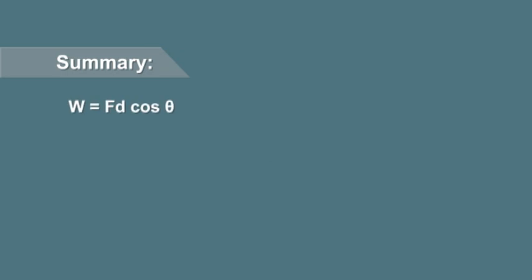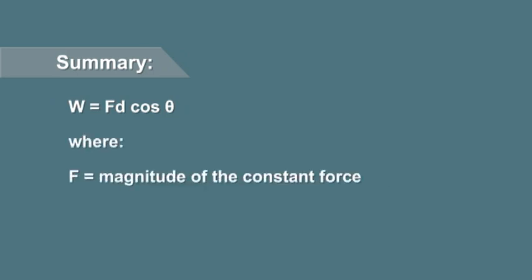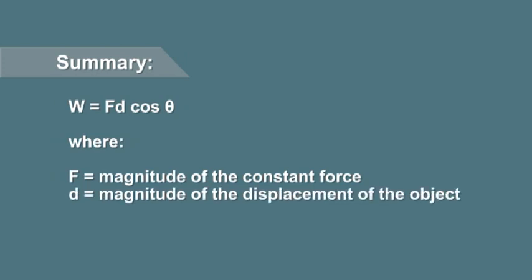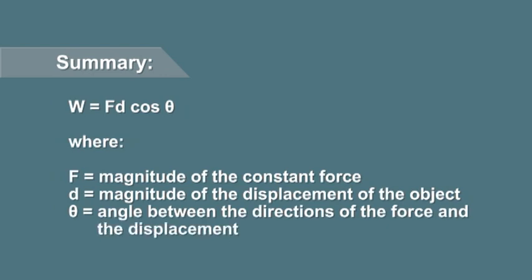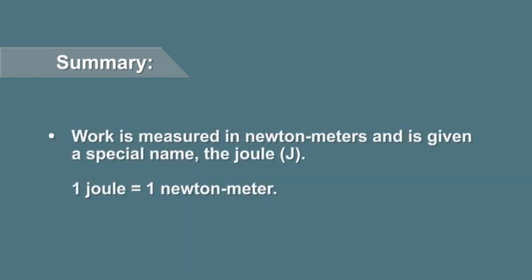In equation, it is written as work is equal to F times D times cosine theta, where F is the magnitude of the constant force, D is the magnitude of the displacement of the object, and theta is the angle between the directions of the force and the displacement. Work is measured in Newton meters and is given a special name, the joule. 1 joule is equal to 1 Newton meter.